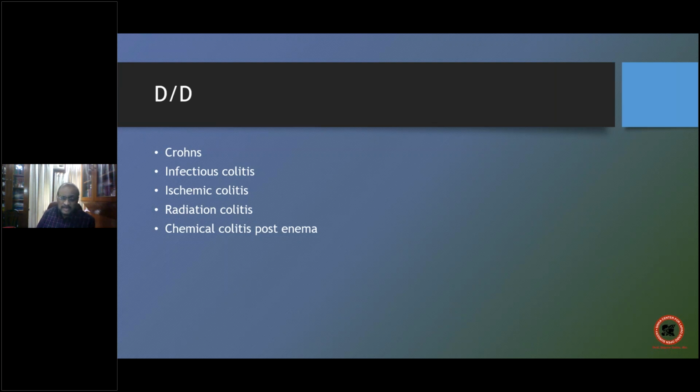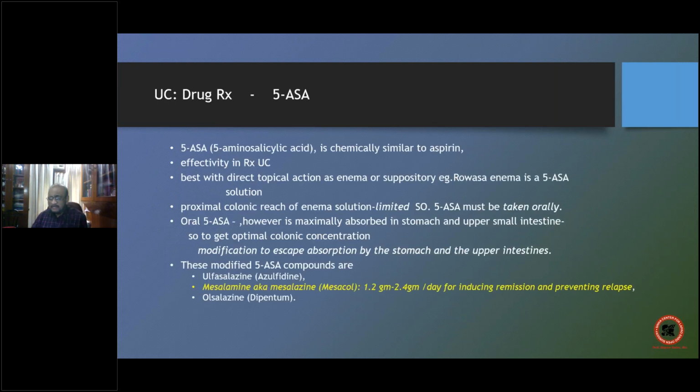There are patients who for their chronic constipation keep on taking enema daily or twice a day. Now they have what is known as chronic proctitis secondary to chemical repeated enema. So enema induced chronic proctitis and Crohn's disease. These are the things which have to be differentially diagnosed.